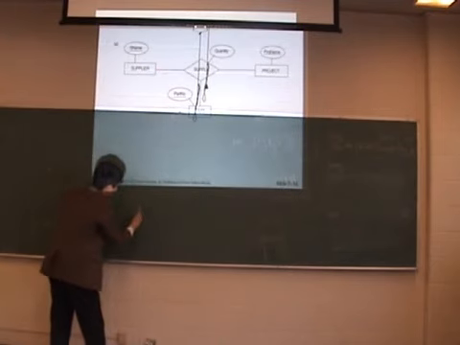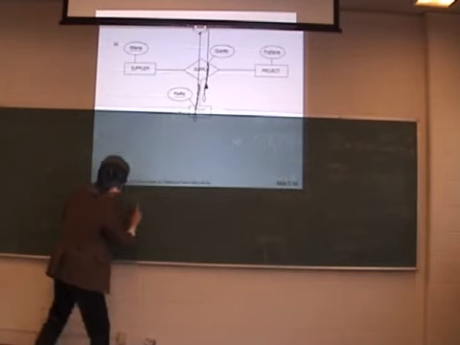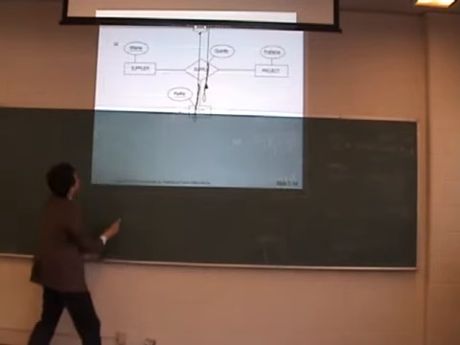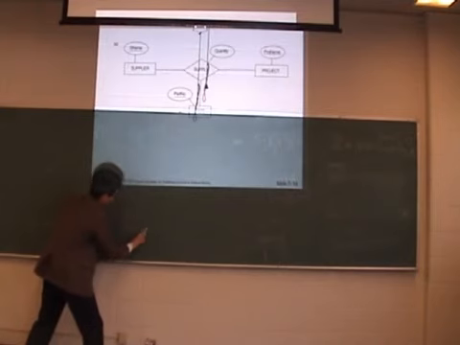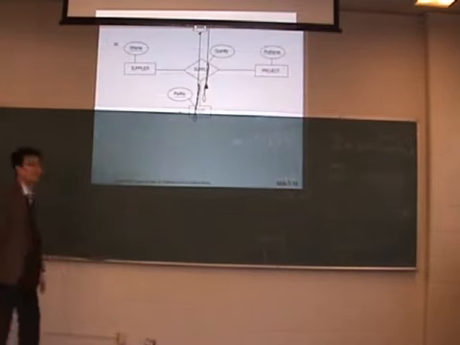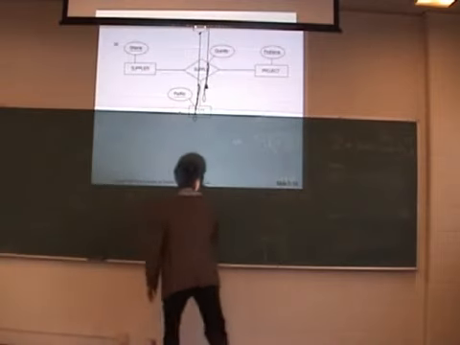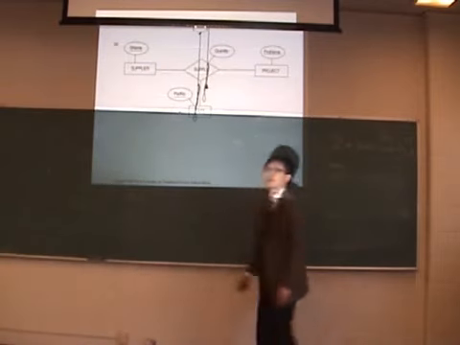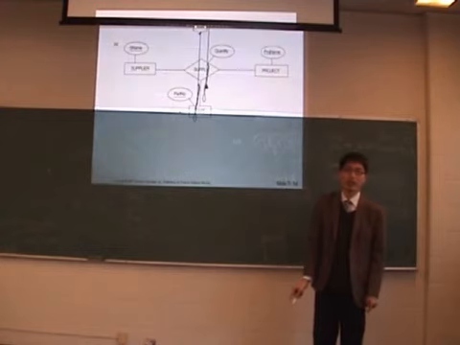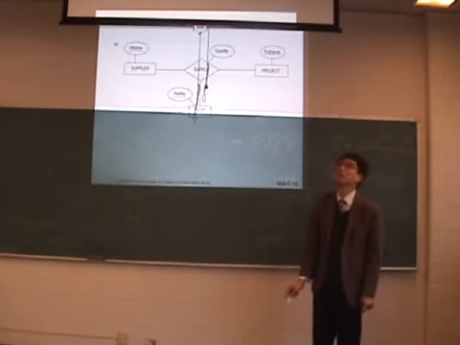The project: P name, primary key. Then what is this? Part number or part. This is a part, this is a project, this is a supply. Then create an additional relation. It's sometimes called a surrogate relation.